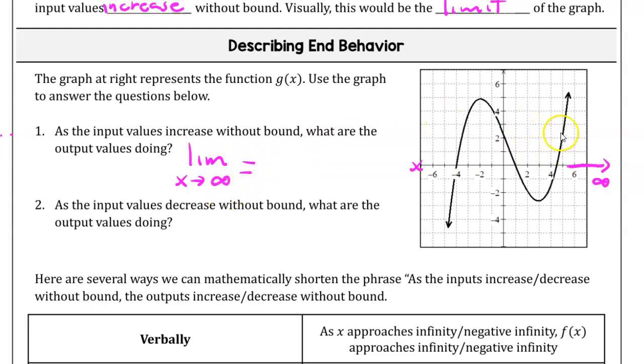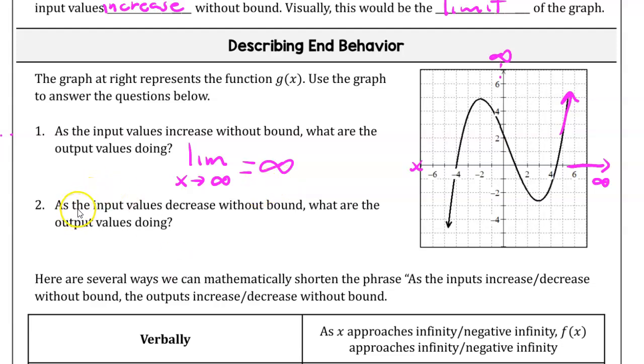They increase without bound, which means if we just keep following this arrow forever, it's going to go higher and higher to positive infinity. It's going to equal positive infinity. So that's how we write that jargon down using math language. That's the same thing as saying they are increasing without bound.